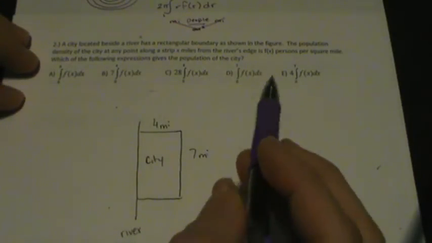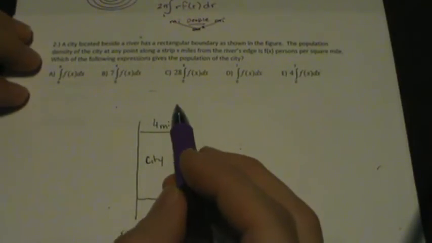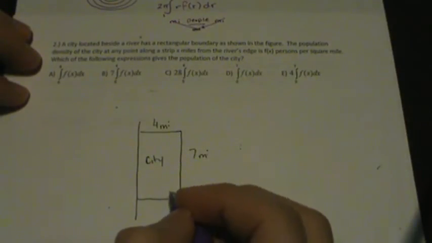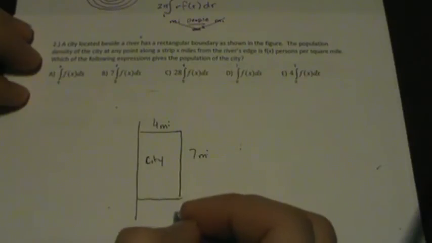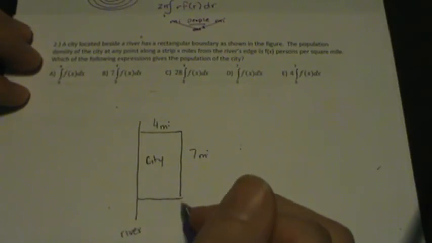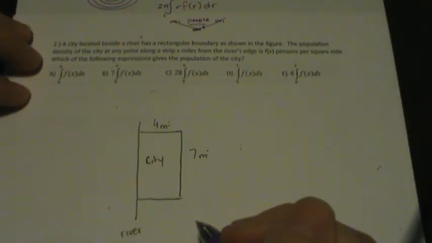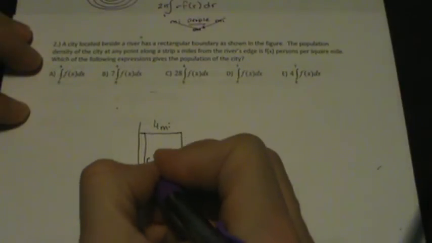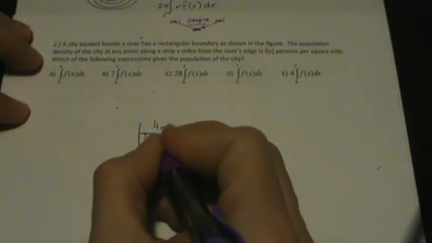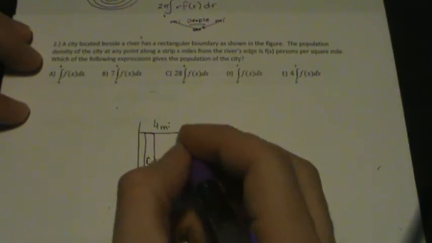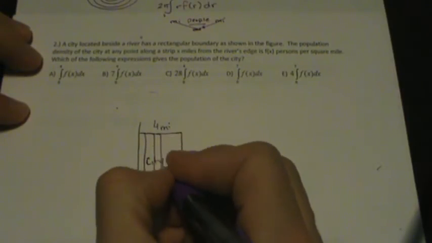It says the population density of the city at any point along a strip x miles from the river's edge is f of x persons per square mile. Which of the following expressions gives the population of the city? Same kind of thing, but instead of circumferences, we're looking at strips that are measured x miles from the river's edge.